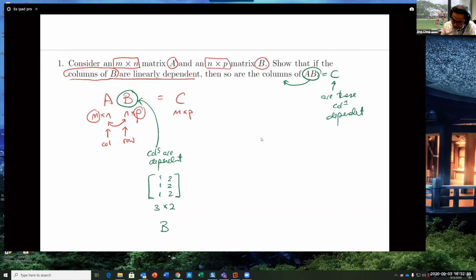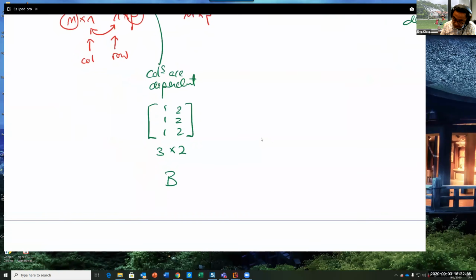Right, so let's see what dependence means for us. So in this example, we have a 3 by 2 matrix B. And if I multiply by 2 for the first column and minus 1 for the second, what do we get? We get 0, because it's 1 by 2, 2 by 1. So we get 2 minus 2, and then for every element it is the same. So this is quite surprising.